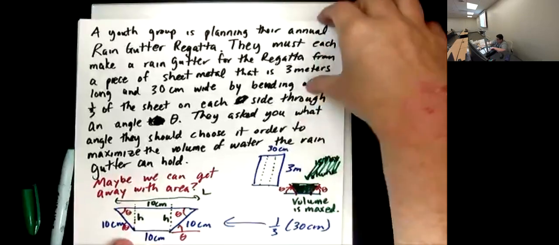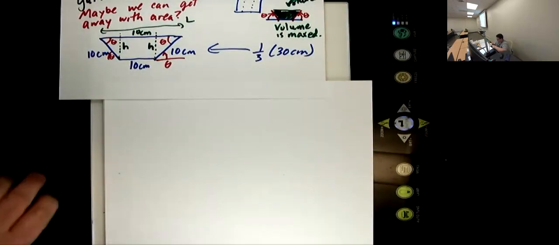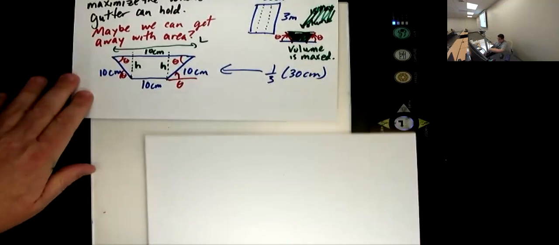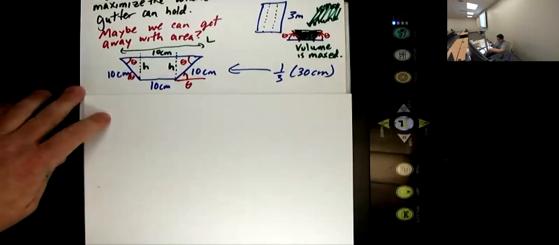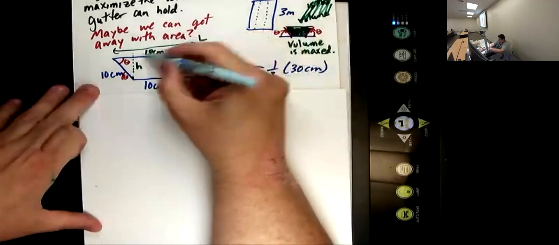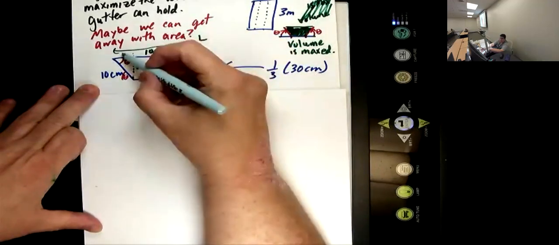So maybe we can find something with L in terms of H. Is there something that we can find with L in terms of H on that picture? Well, L is the whole thing, so maybe let's just call this X. How do we do that?